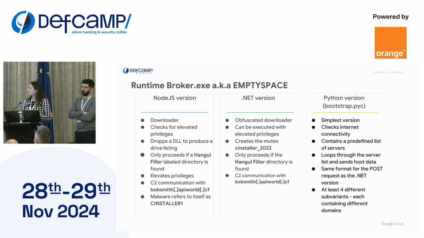And through various means, open source research or pivoting through the various IOCs we found, we identified three different versions written in multiple programming languages. So we have Node.js, .NET, and Python. We won't go into much detail for each version, but only highlight some differences and functionalities.